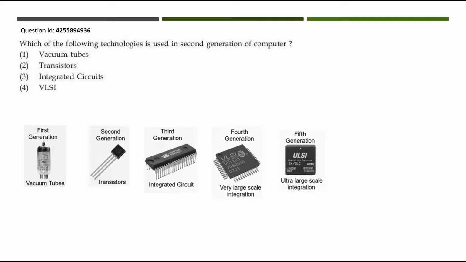The third generation technology will be ICs, integrated circuit. The fourth generation is about VLSI, very large scale integration, and the fifth generation is ultra large scale integration, which is ULSI. So what is the second generation technology? It is transistors. Option number 2, transistors, will be the right answer.